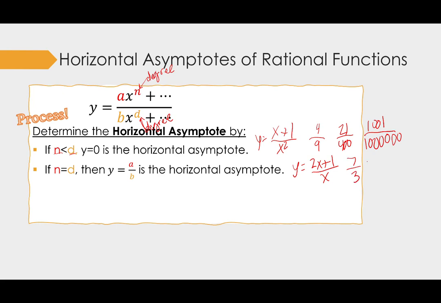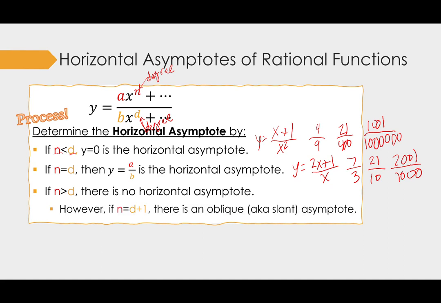And then if I did 10, I'd have 21 over 10. If I did 1,000, I'd have 2,001 over 1,000. I'm getting really, really close to 2, because the degrees are the same, they're growing about the same rate. And so it's like they're becoming 1, and we're just left with the coefficients.